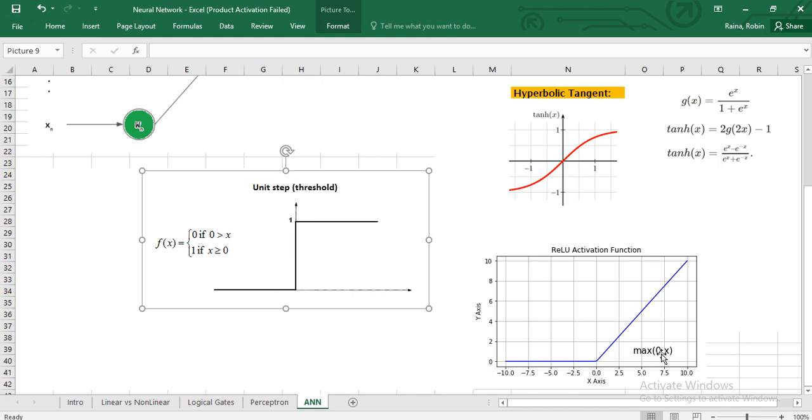That's why you can see the max of 0 comma x. There is only one drawback to this ReLU function. That is a case when we have a result of dead neuron while backpropagation.